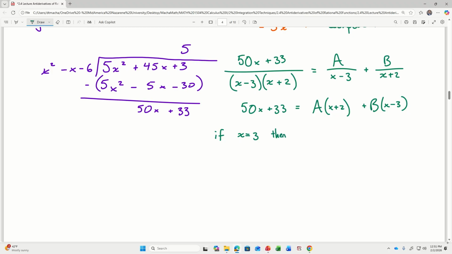Then the left side of my equation becomes, and the right side of my equation becomes, man, that's going to be an ugly fraction. Okay. And then if x equals, what's another convenient value to choose? -2.